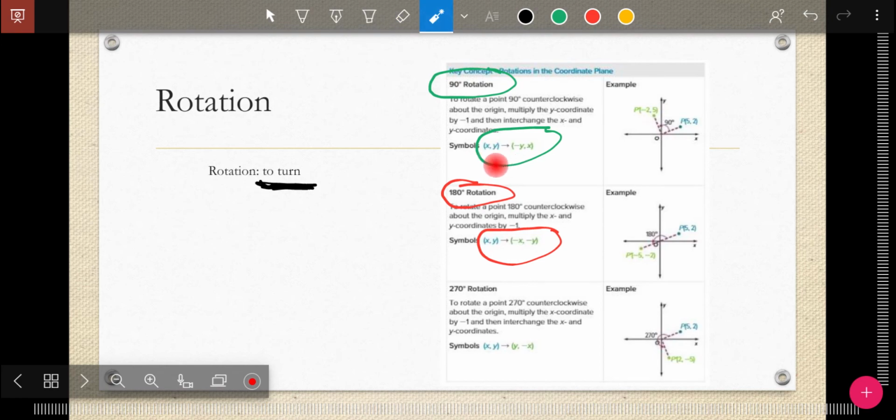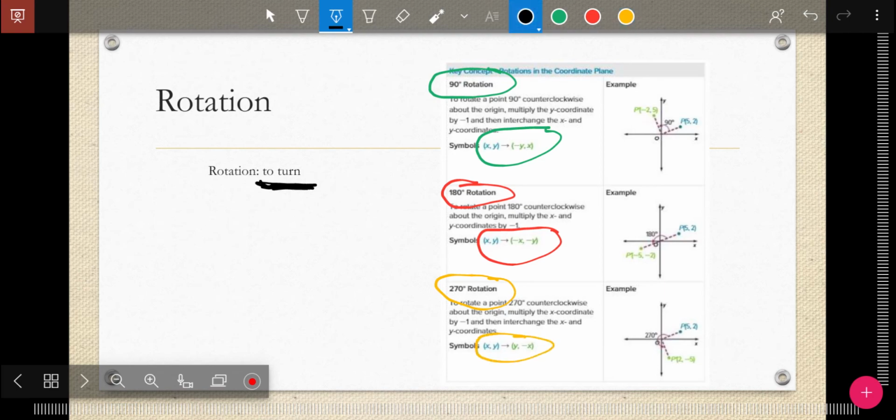The first rule, x, y becomes opposite y, x. For 180, x, y becomes opposite x, opposite y. And the last one is the 270-degree turn: x, y becomes y, opposite x.